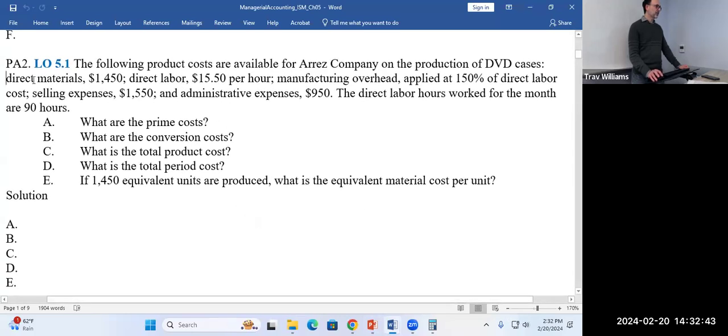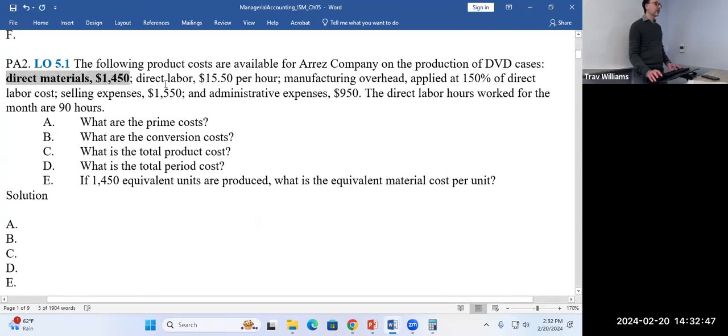Okay, we see direct material cost. We see the labor cost per hour. So we're going to have to multiply that by the number of labor hours, which is 90. Okay. Then we have manufacturing overhead is 150% of the direct labor cost.